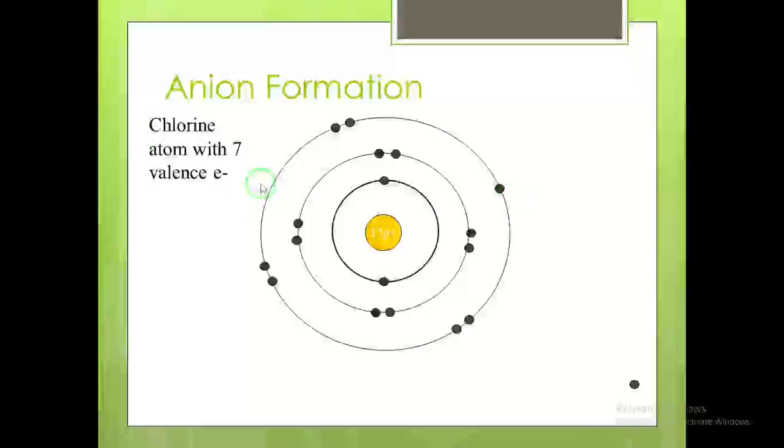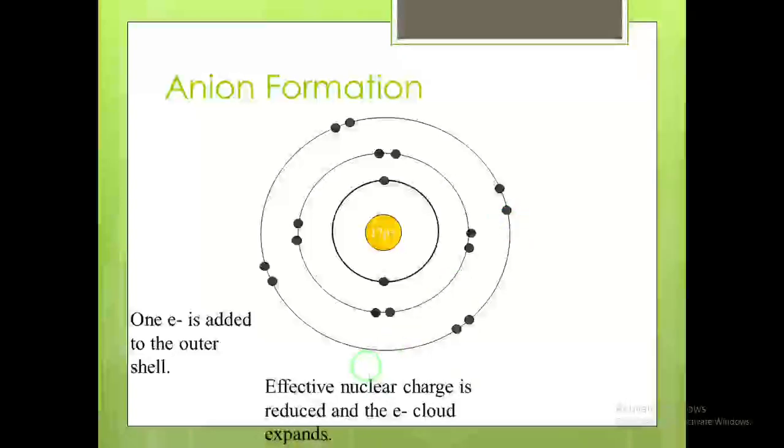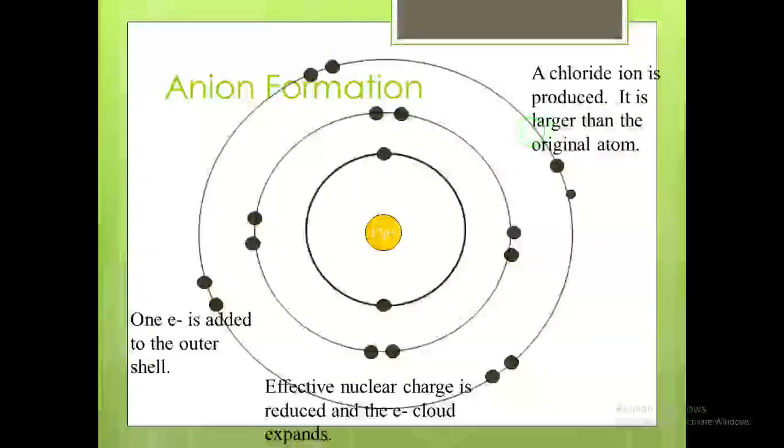This is chlorine with 7 valence electrons. I've counted it. Once one electron is added to the outermost shell, the nuclear charge effect is reduced because there is no proton added, and it grows. So that means the chloride ion is larger than its original atom.